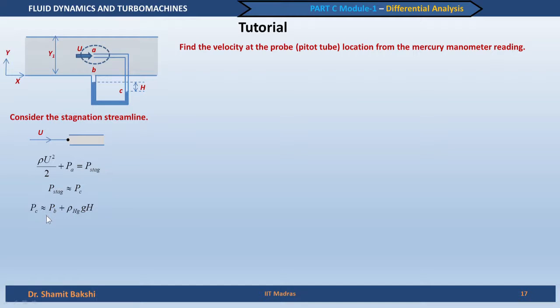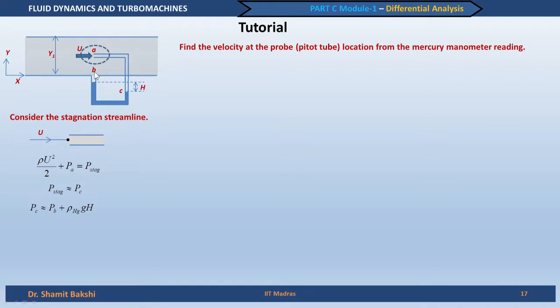Now, P c can also be written as P b plus this particular head. If you look at the pressure here, what is it supporting? If you draw a straight line along this, it is supporting the pressure at P b plus the liquid height here, which is very small, and the density is also less.